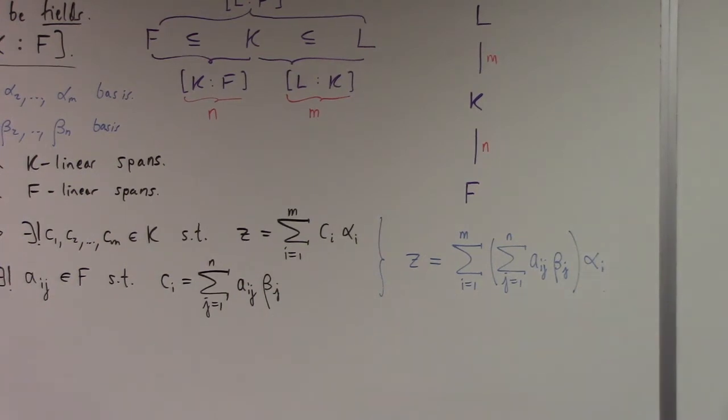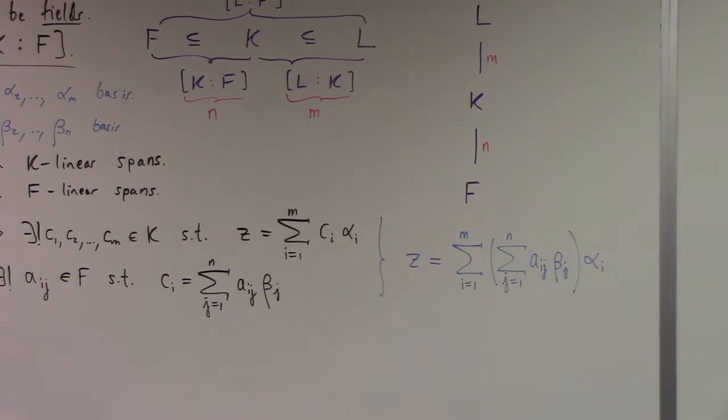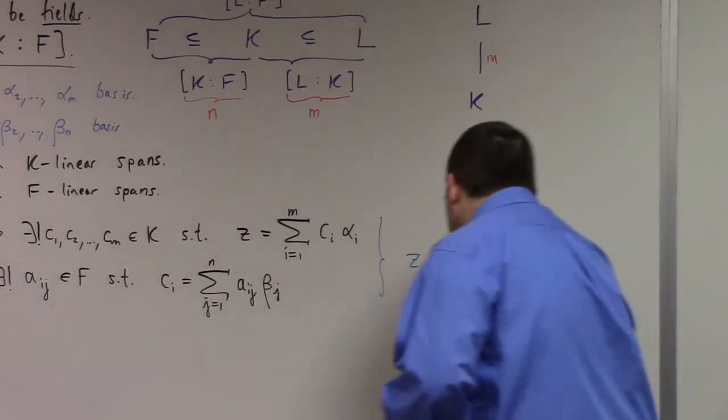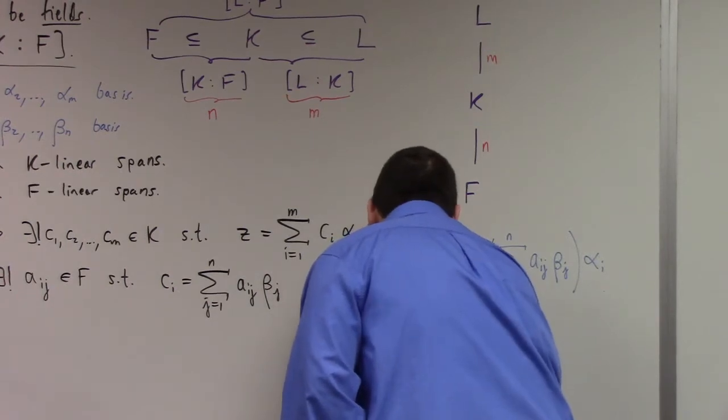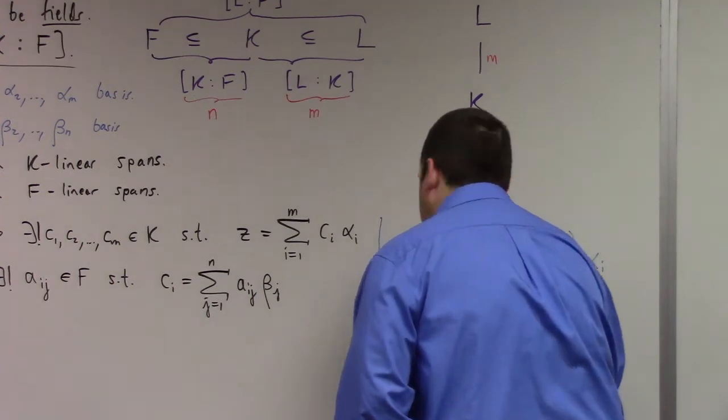So this definitely proves spanning, right? Spanning of what? So this shows that Z is an element of the span over, let's see, the A I j's are where?